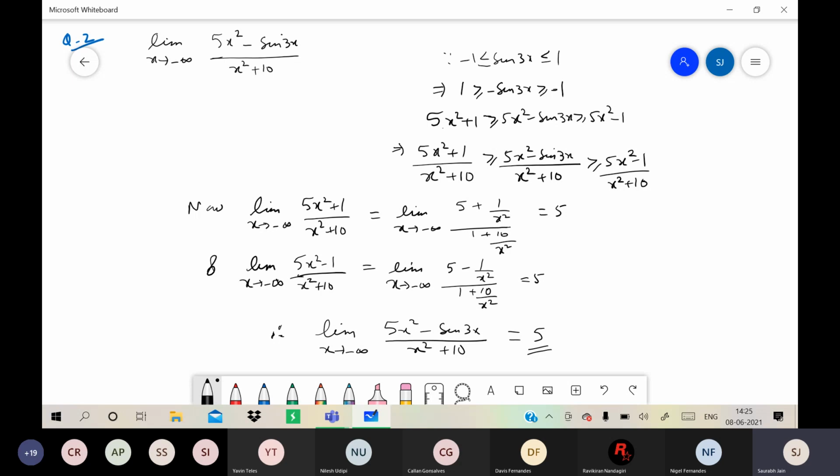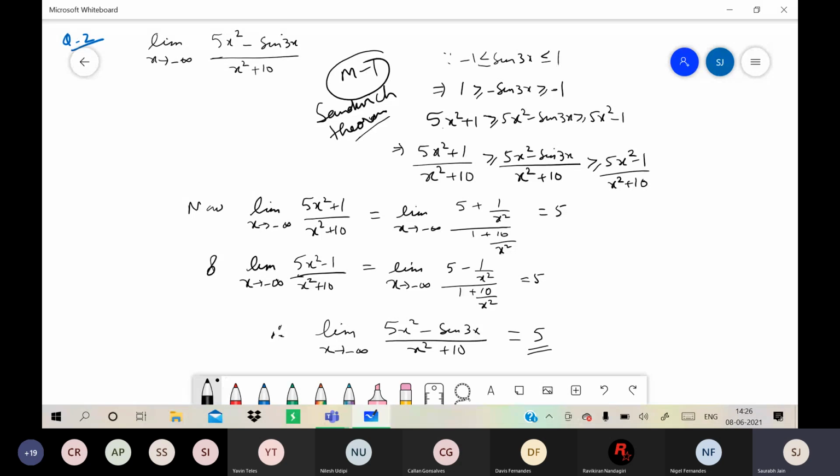Now since I am teaching you sandwich theorem, I solved this question by sandwich theorem. But it can be solved by another method also, which is very simple. It can be solved in one line only. But I was trying to explain the application of sandwich theorem, and there are some questions where you can only use sandwich theorem.